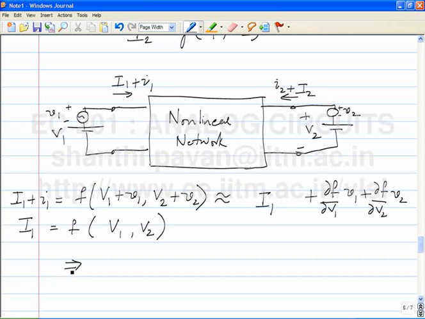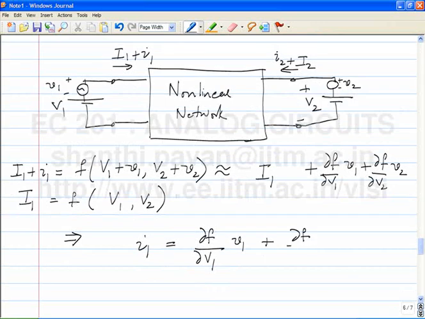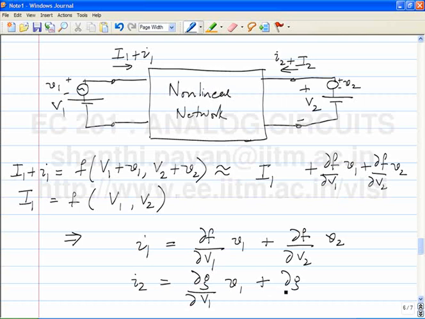Small i1 is dou f by dou V1 times small v1 plus dou f by dou V2 times small v2. By the same token, incremental current i2 will be dou g by dou V1 times small v1 plus dou g by dou V2 times small v2.